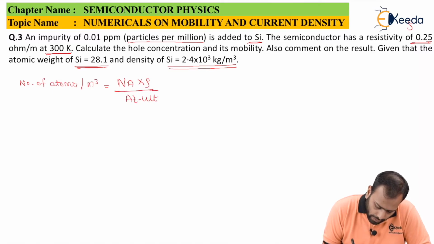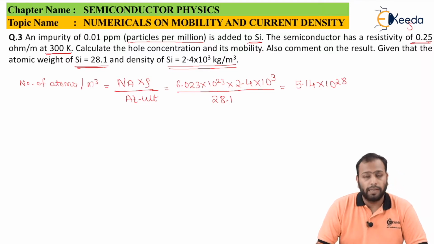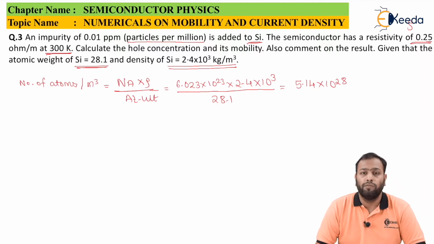On plugging in the values, we get 6.023 into 10 to the power 23 into 2.4 into 10 to the power 3, divided by the atomic weight, that is 28.1. So the value comes out to be 5.14 into 10 to the power 28. So these many atoms are present in 1 meter cube of volume.